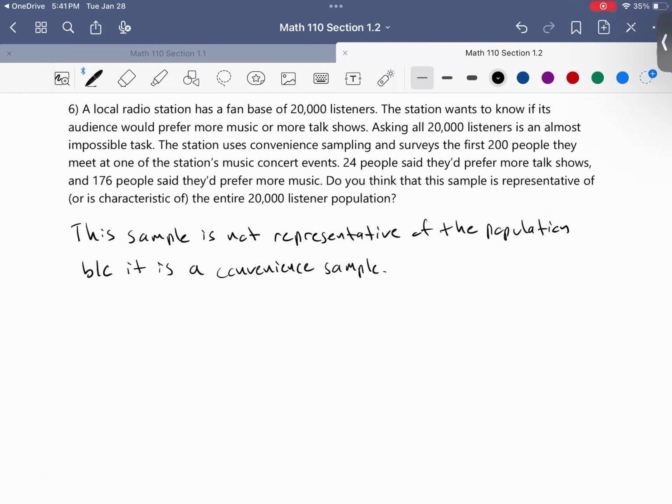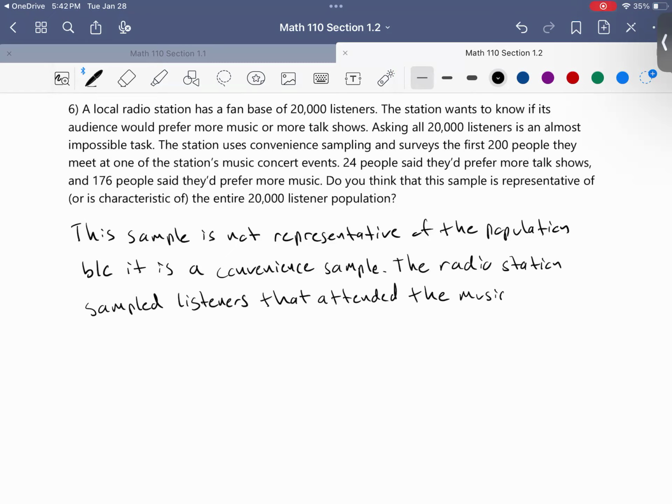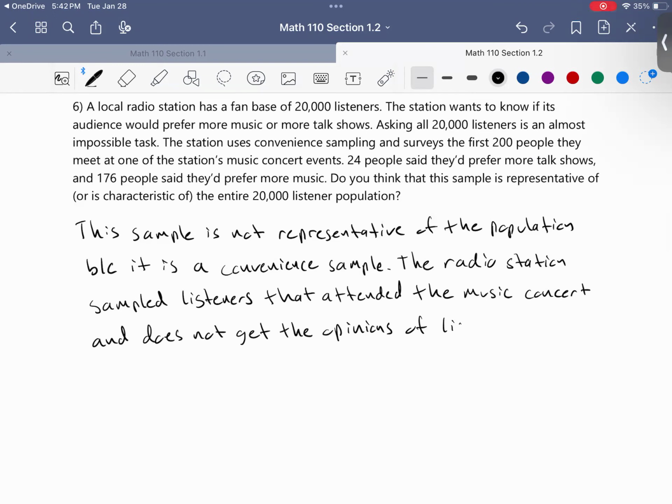The radio station sampled listeners that attended the music concert and does not get the opinions of listeners that did not go to the concert.